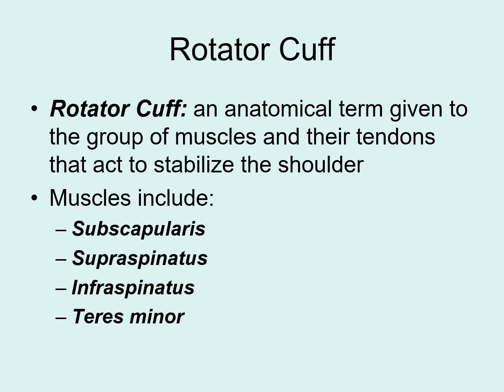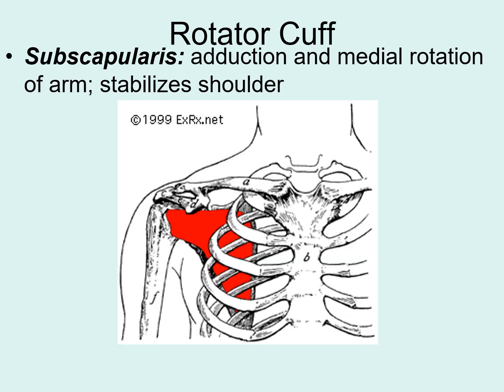The rotator cuff is a term used for a group of muscles that all act together in combination to help stabilize the shoulder. The muscles that are included with the rotator cuff are the subscapularis, the supraspinatus, infraspinatus, and the teres minor. So the subscapularis is involved with adduction and medial rotation of the arm.